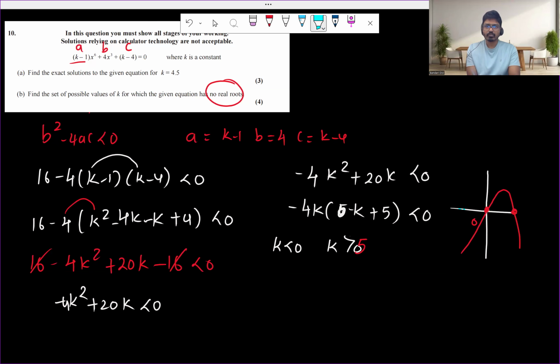So here is the portion that I need, where it is less than 0. Therefore our possible values of k would be k is less than 0 or k is greater than 5. So these are our set of values. I hope this question is very clear.